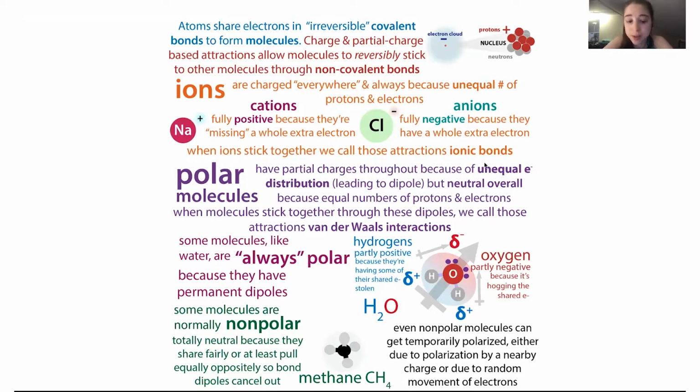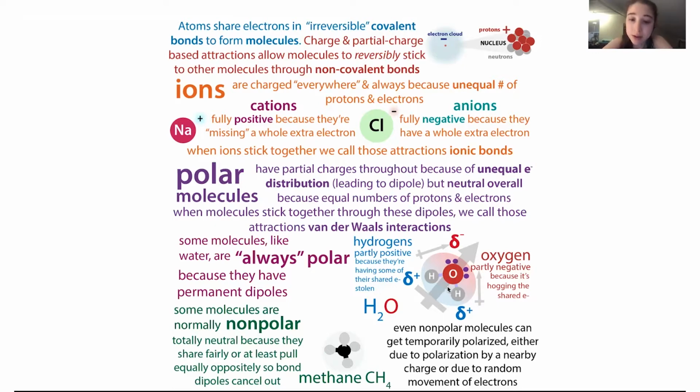When they're sharing electrons, they don't always share fairly. And so basically you can have partially positive and partially negative parts of molecules. The protons, the positively charged stuff, are stuck in place, but the electrons, the negatively charged stuff, can move around.